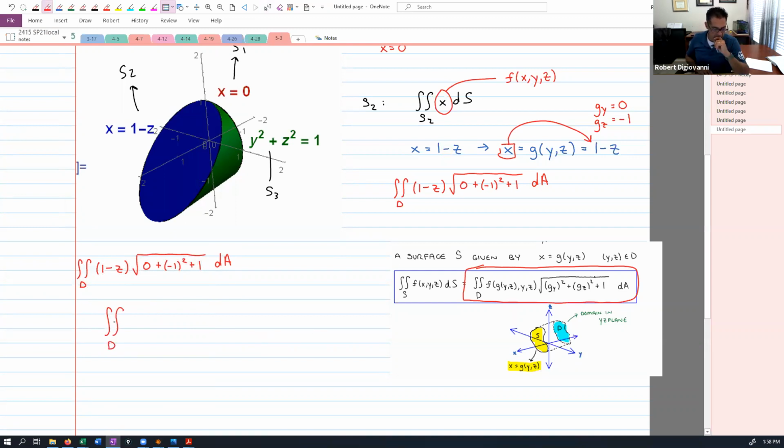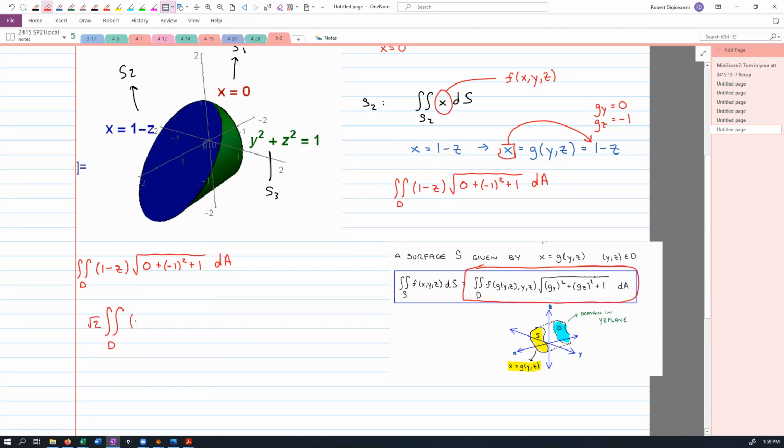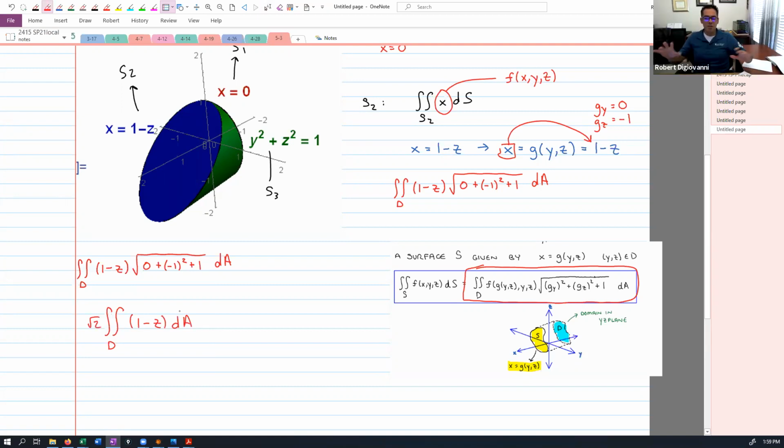What is underneath that root? Is that just root 2? Yeah, root 2. I'm just going to pull that out. Any questions on that part? We're not done, but any questions on that part?